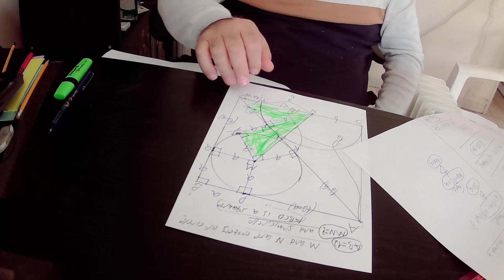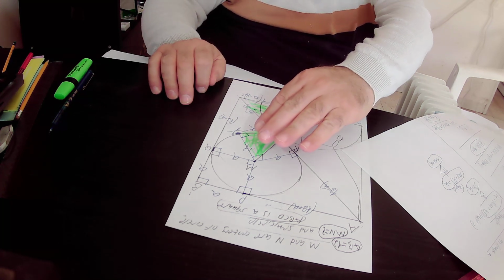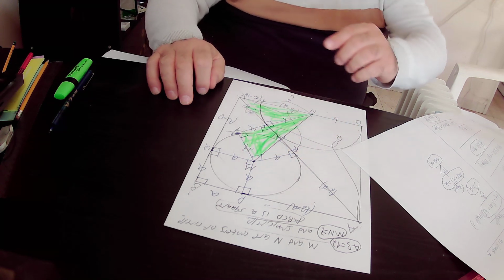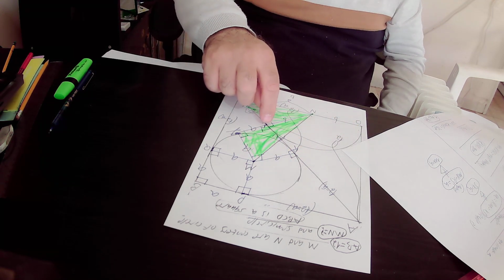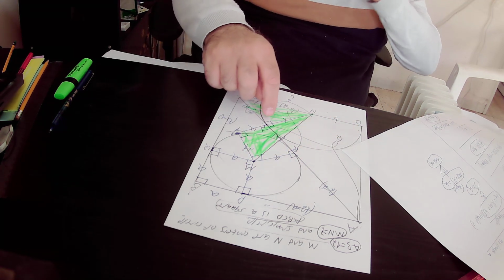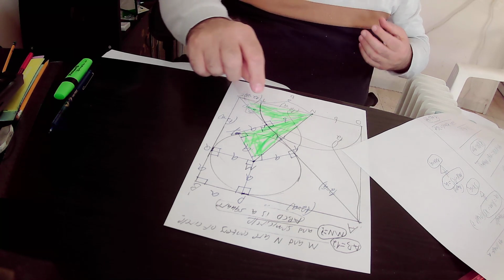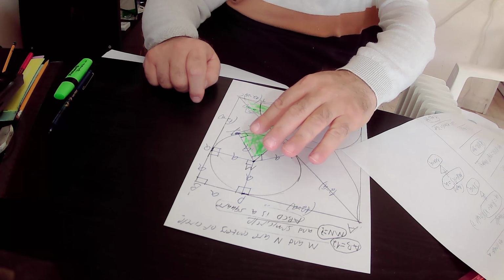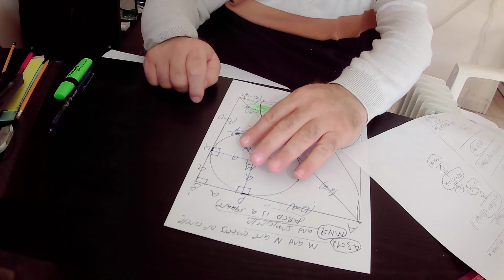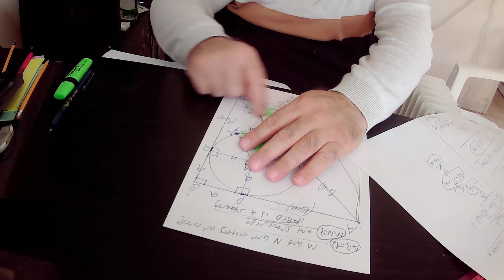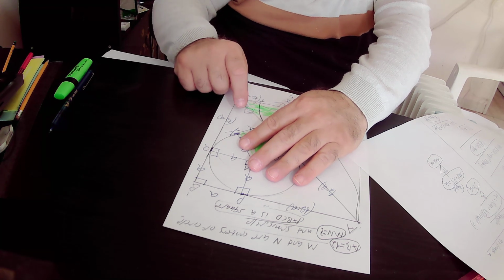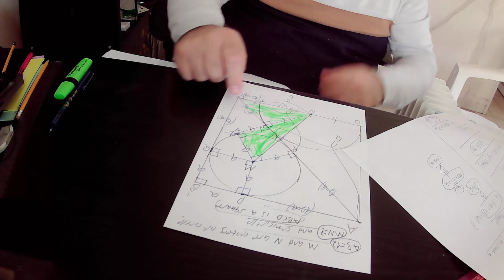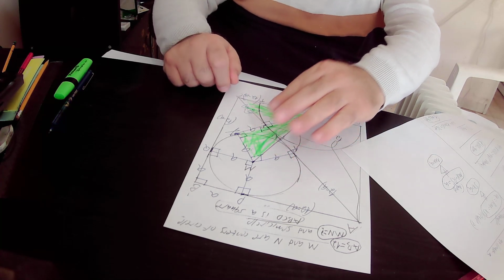If we focus on this side of the straight line NX at point S, then the sum of the angles here must be equal to 180 degrees, according to the rule that the sum of the angles on one side of a straight line must be equal to 180 degrees. So which angles do we have at this side of the straight line NX at point S?